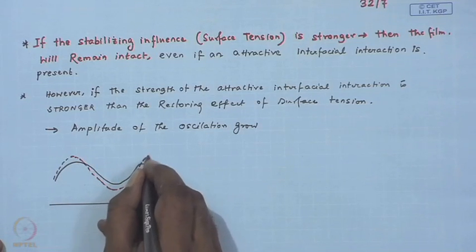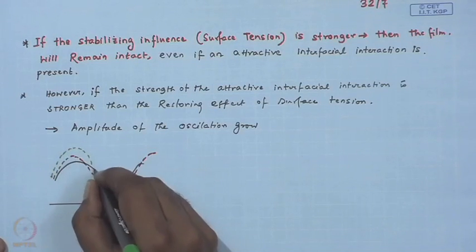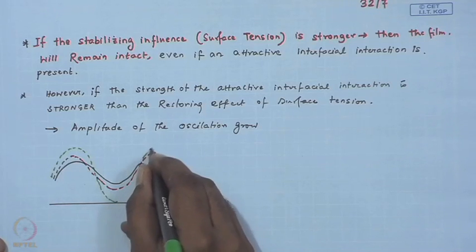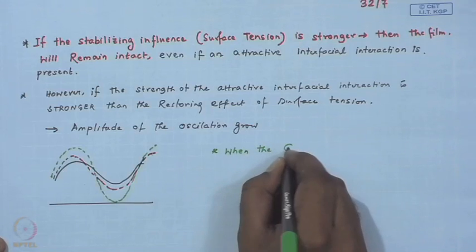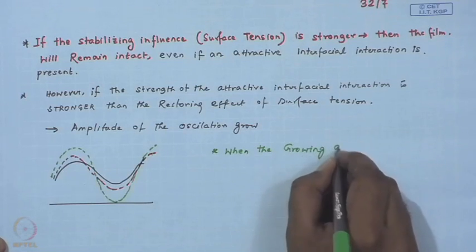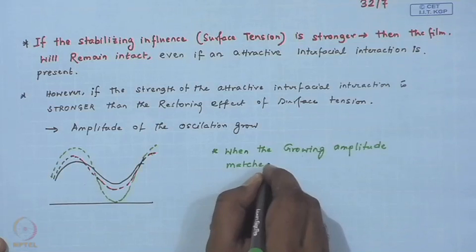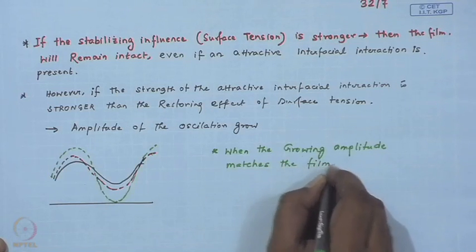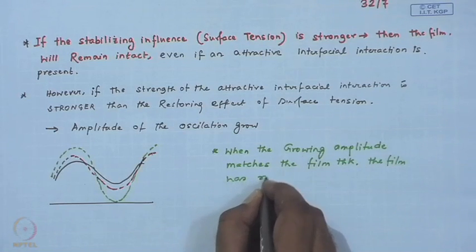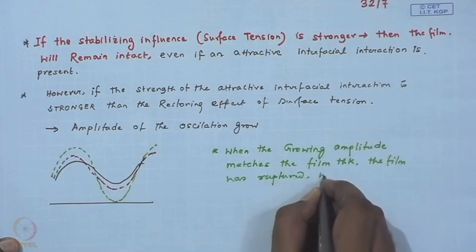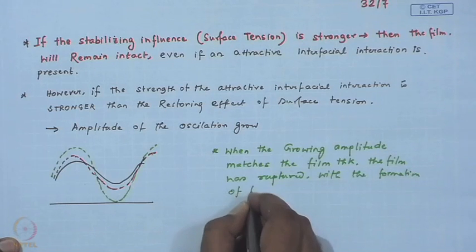Eventually, when the growing amplitude matches the film thickness, the film has then ruptured with the formation of holes.